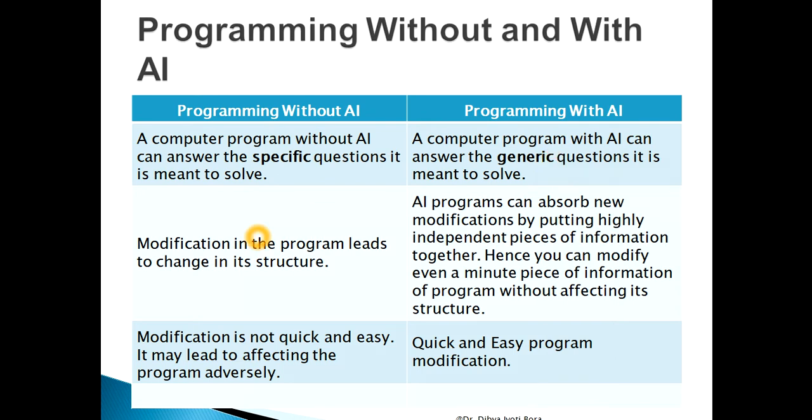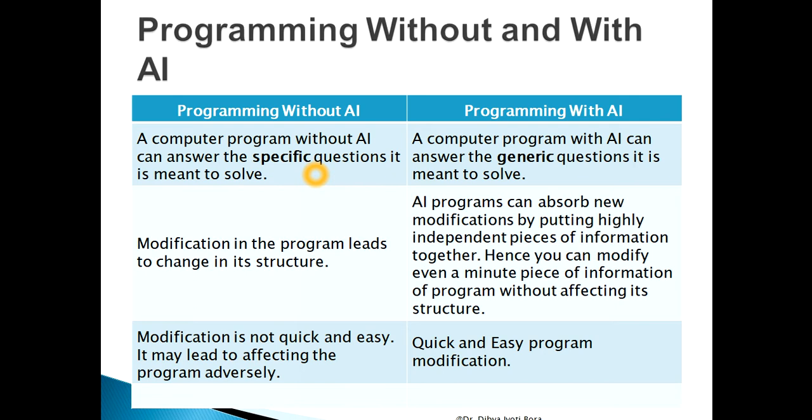This means that whenever we have developed a program to solve a particular problem, like a quadratic equation problem, that program can solve only quadratic equations. If I give a cubic equation problem, or a power 12 or power 20 equation, it cannot solve those.